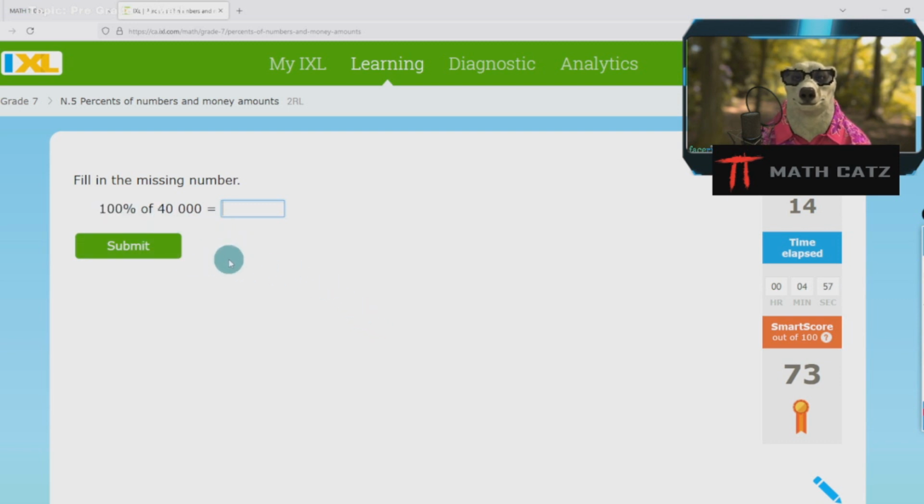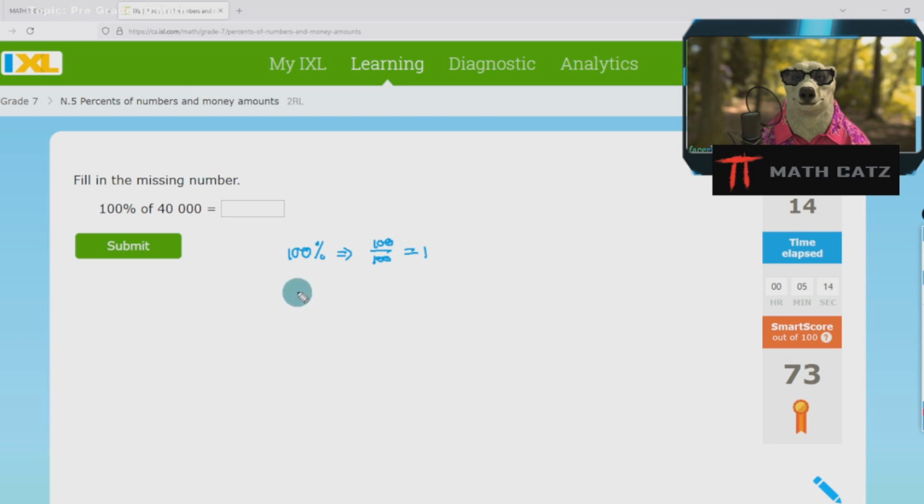100% of 40,000. Well, let's just lay it out here in case you missed it. 100% is still a fraction. 100 over always 100, which means this is 1.